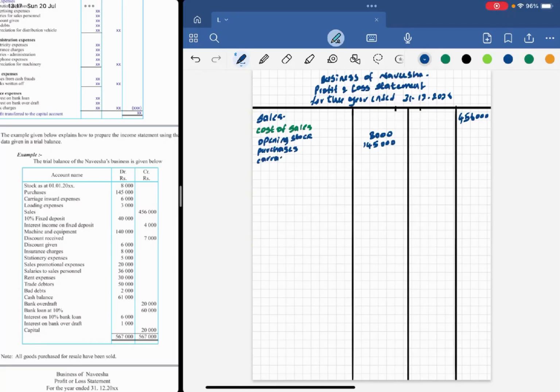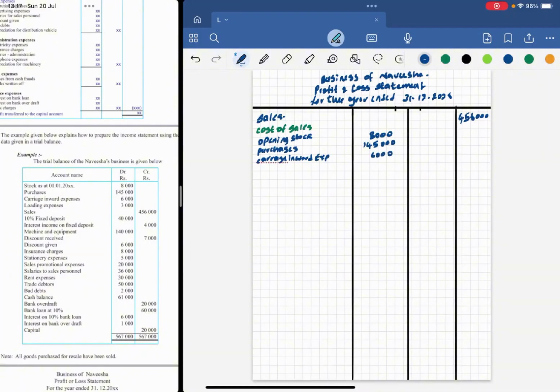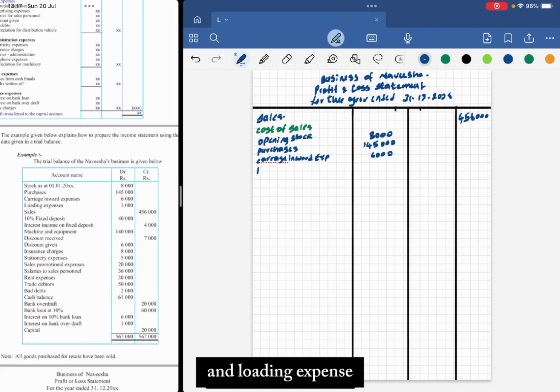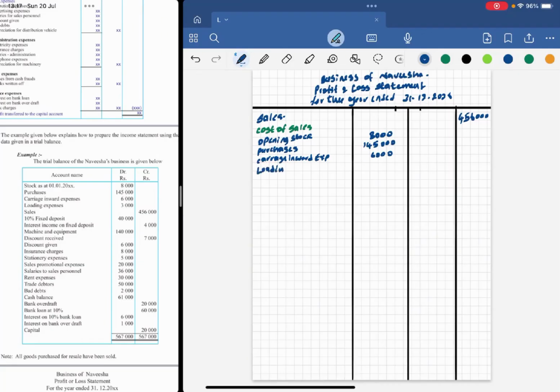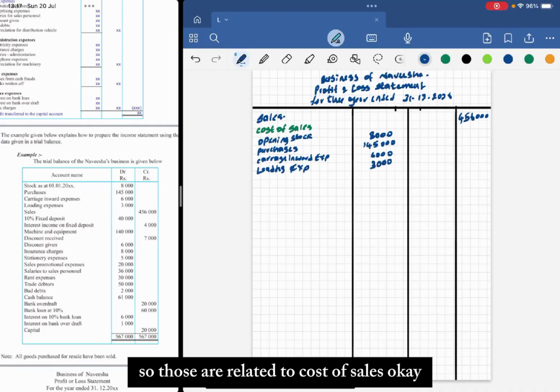Carriage inward expense, which is 6,000, and loading expense, which is 3,000. So those are related to cost of sales.